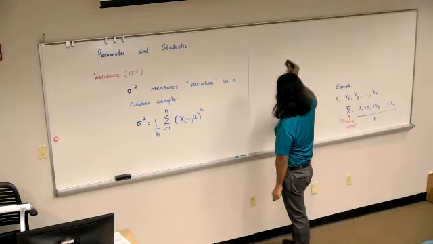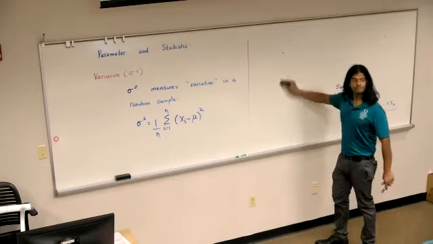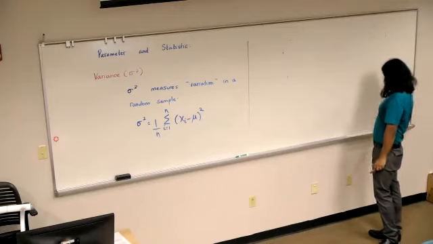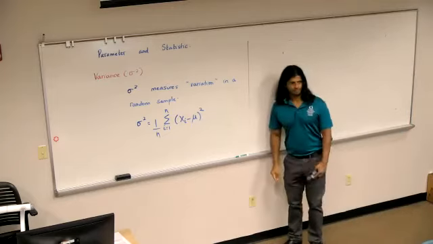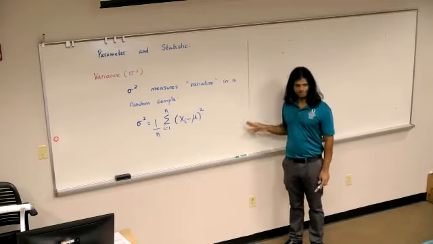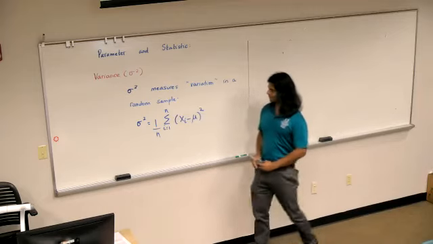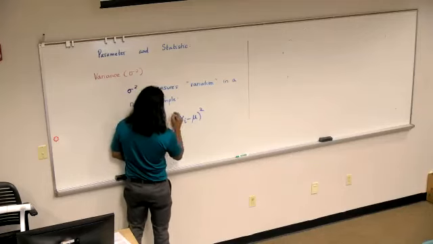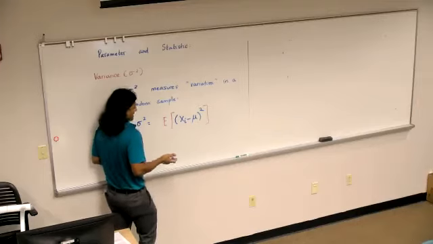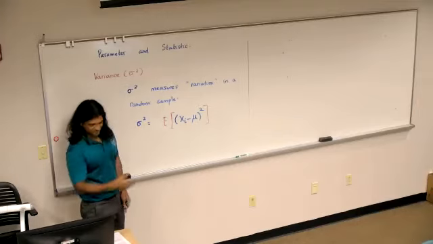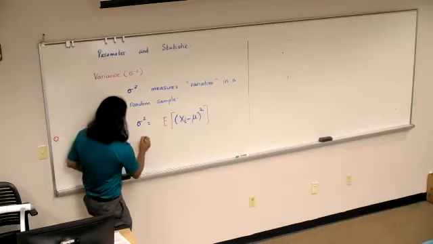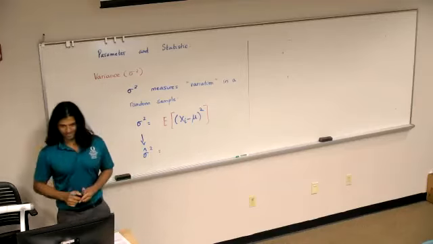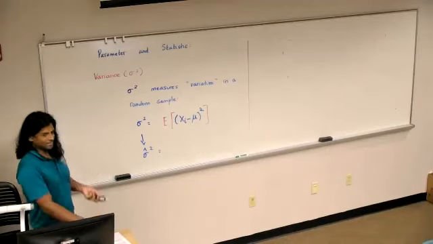The theoretical one is divided by n. So from here, I want to, oh, sorry, my bad. Expectation. I gave you the answer accidentally. So that's the expectation. The sample one.